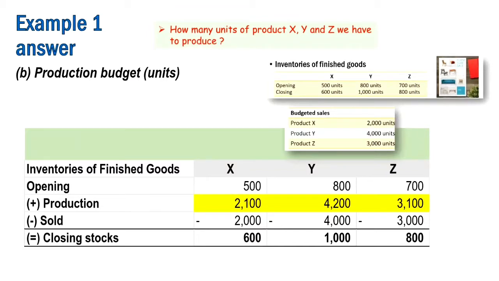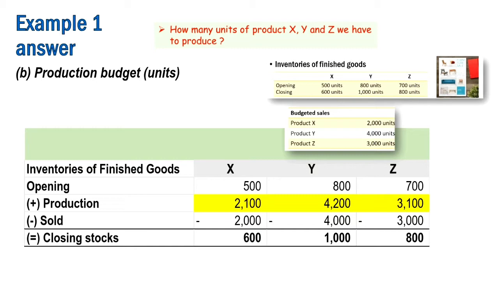It means in our store we already have several products. At the end of the year also, we will have to maintain 600 of product X, 1,000 of product Y, and 800 of product Z. Okay, so from this we have to ask ourselves how many units we have to produce more for this year or for this period. So we have to put the information in this table.